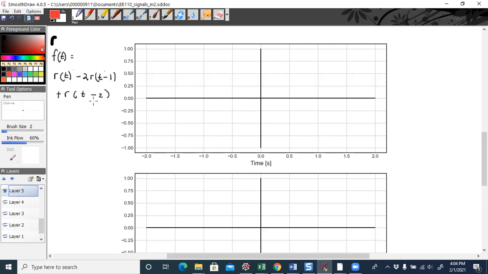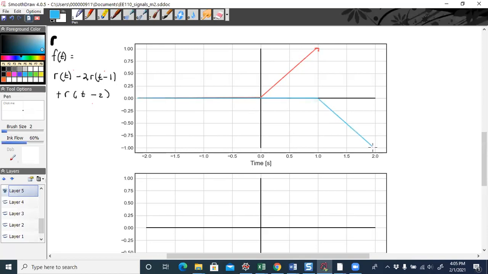So I have 1, 2, 3 times. So I should have something changing direction at 2 different times, at 3 different times. So let's do the r(t) first. Now minus 2r(t). So we did before, we did minus a delayed r(t), right?